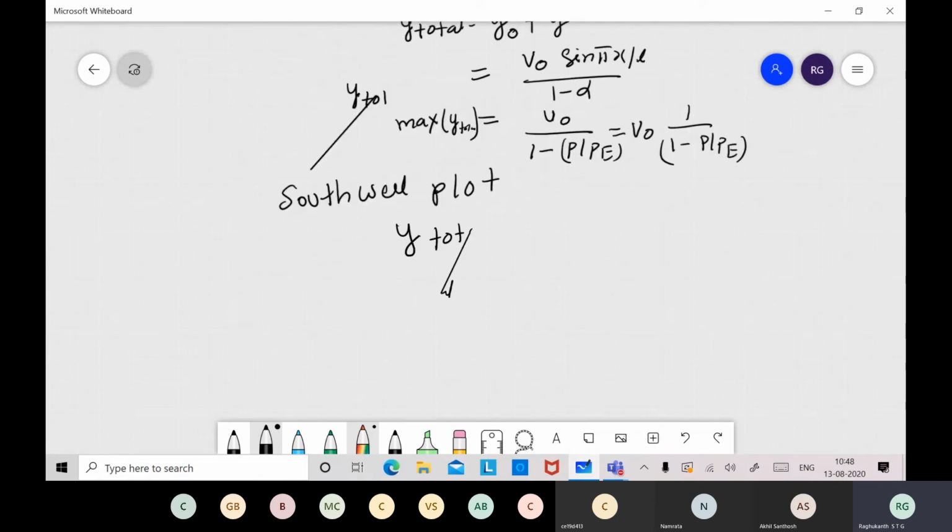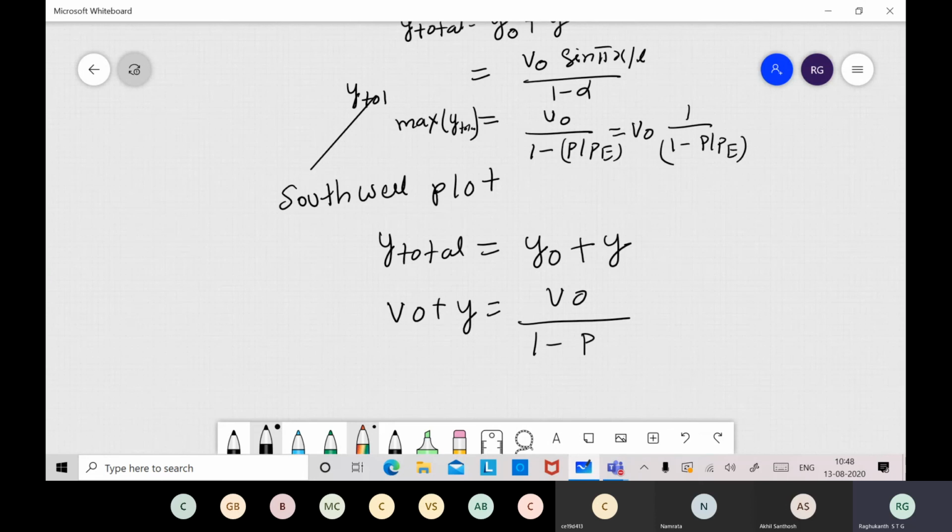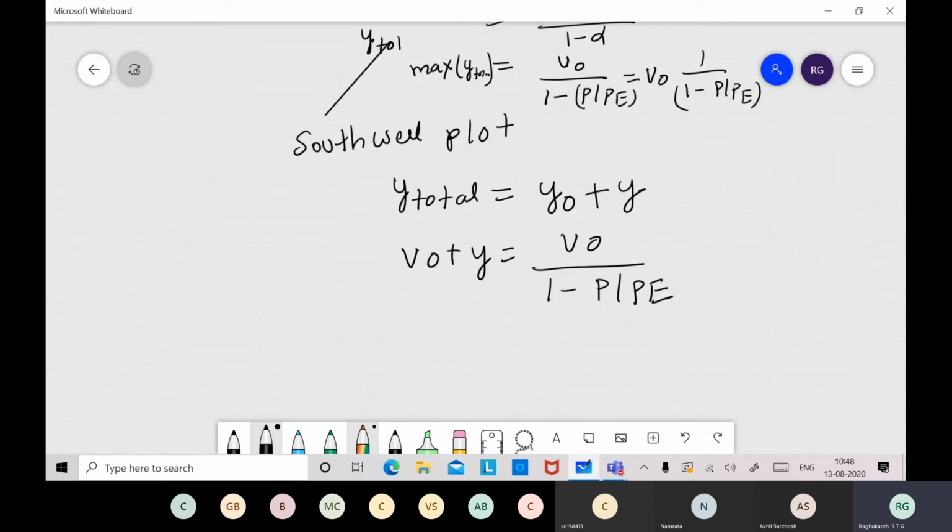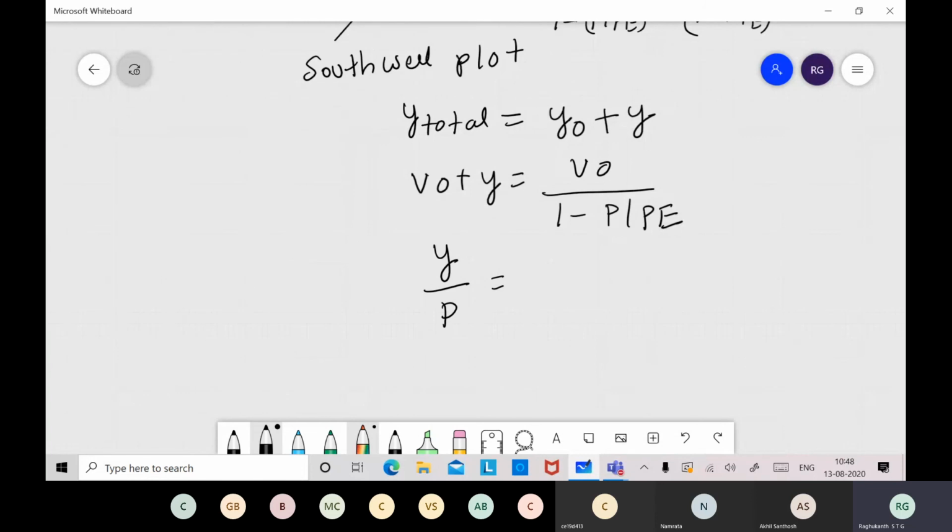So y total, the maximum value, you followed, right? So v naught, that is, y total is y naught plus y. So you can write this expression as v naught plus y, v naught by 1 minus P by Pe. Then y by P is equal to v naught by Pe plus y by PCR.